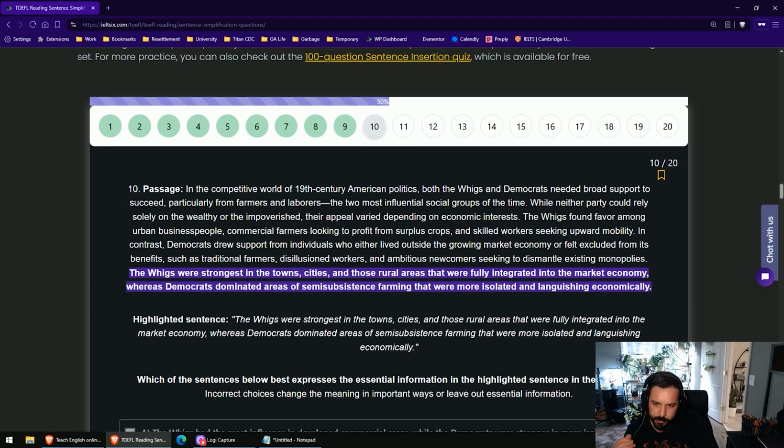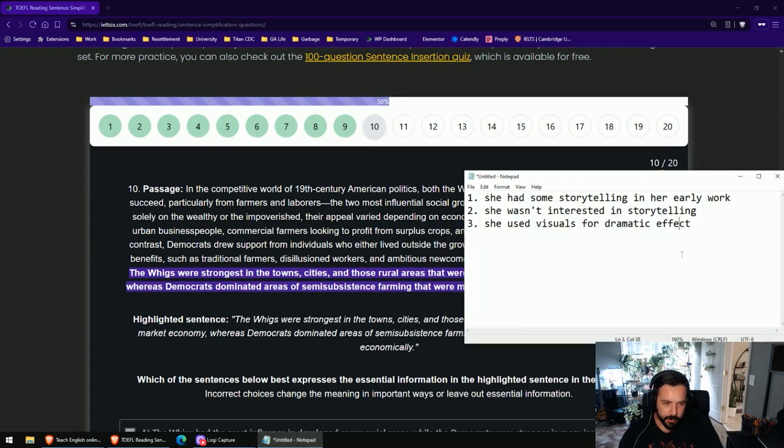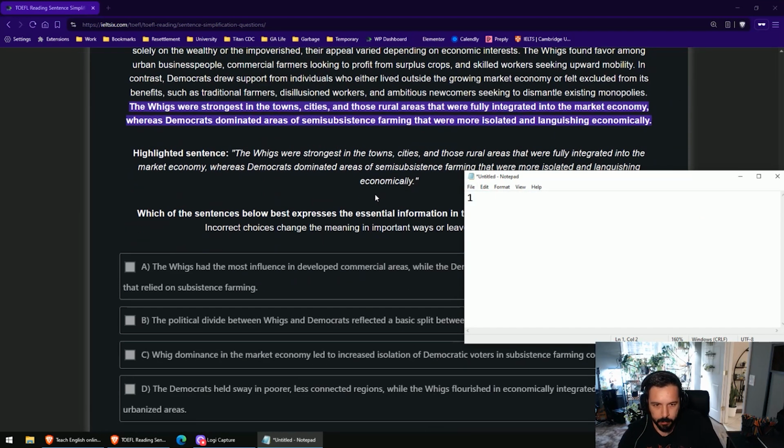Now, the Whigs were strongest in the towns, cities, and those rural areas that were fully integrated into the market economy, whereas Democrats dominated areas of semi-subsistence farming that were more isolated and languishing economically. Two things only, mostly. One, Whigs were strong in towns, cities, and it says rural areas, so let's refer to that as villages.